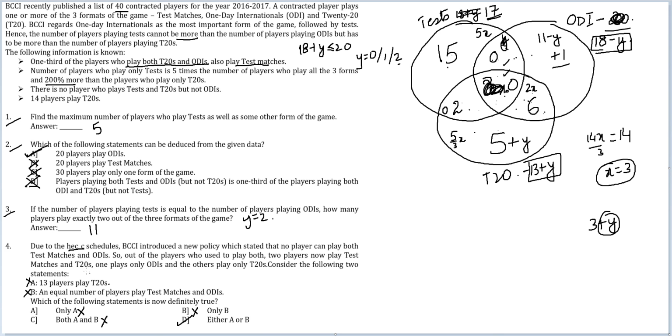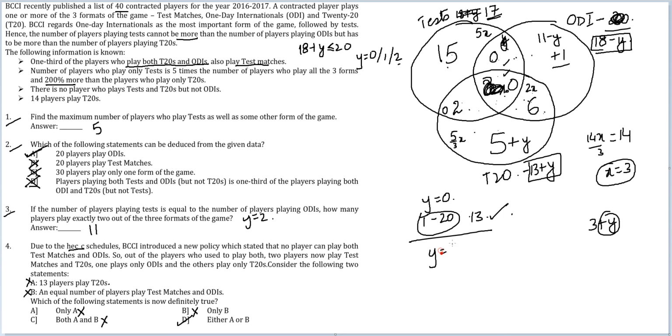Let's also check. When is A true? A is true when y is equal to 0. When y is equal to 0, the number of players playing T20 would be 13. Wonderful. This is done.